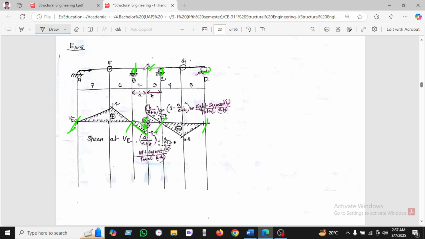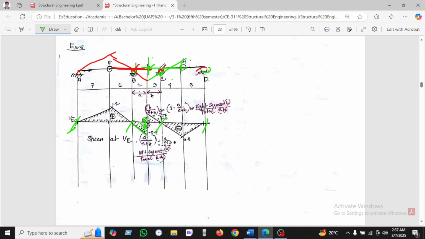Then what will happen? As we know, this will be 0, this will be 0, and this will be 0. We are calculating this portion. So this segment will behave like this, as we know that this will be 0, and this will be like that. As we know this will be 0, then what will happen in this segment?